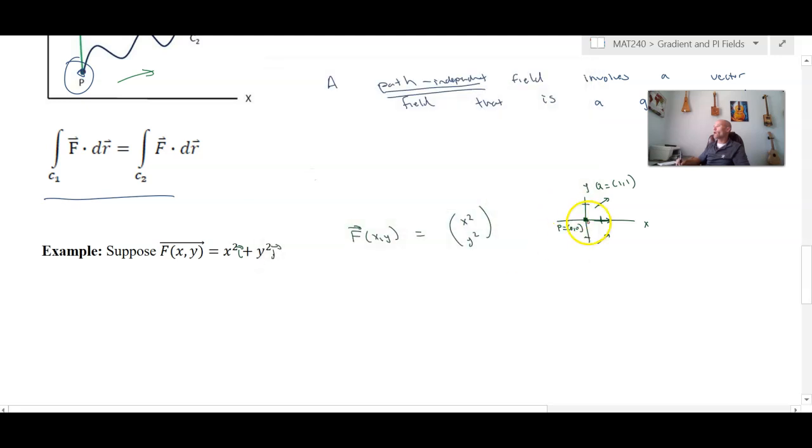Now I'm going to argue that one such path is to take the straight line there. We'll call this C1. Now C1, the function that takes us there would be, for example, the function where y is equal to x. That line y equals x is that red line right there, or that's one variation of it.